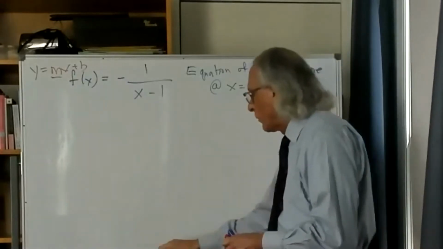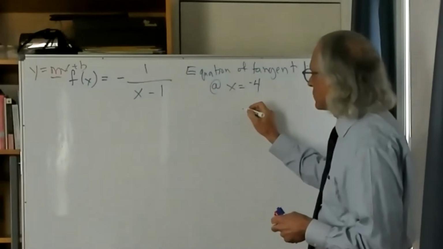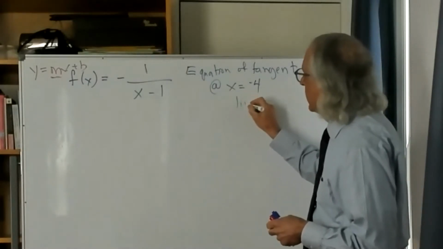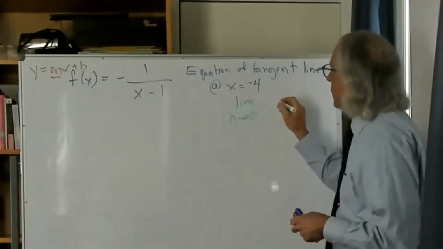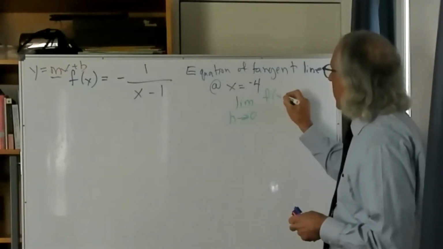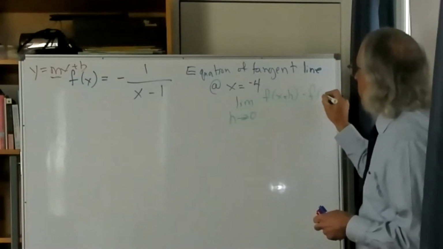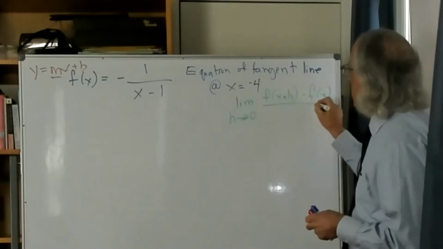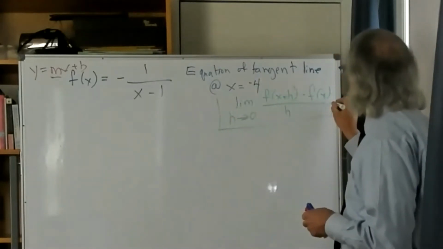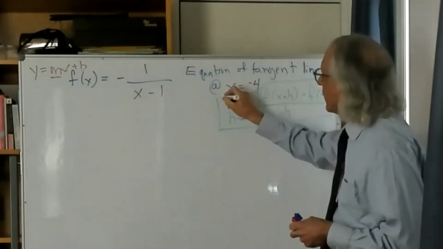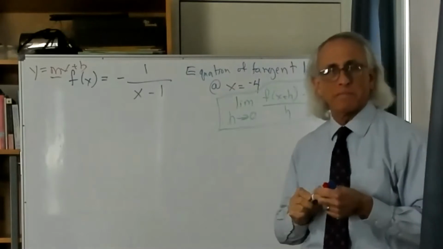And if I want to know the slope, I can use our special formula, the limit as h approaches 0 of f of x plus h minus f of x, divided by h. This is the secret weapon. I don't like using militaristic language, but that's what it is. That is the tool we're going to use here.